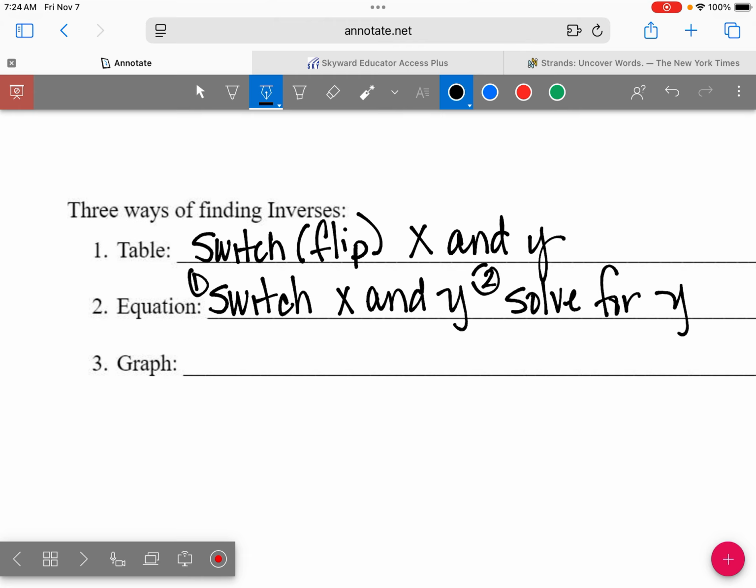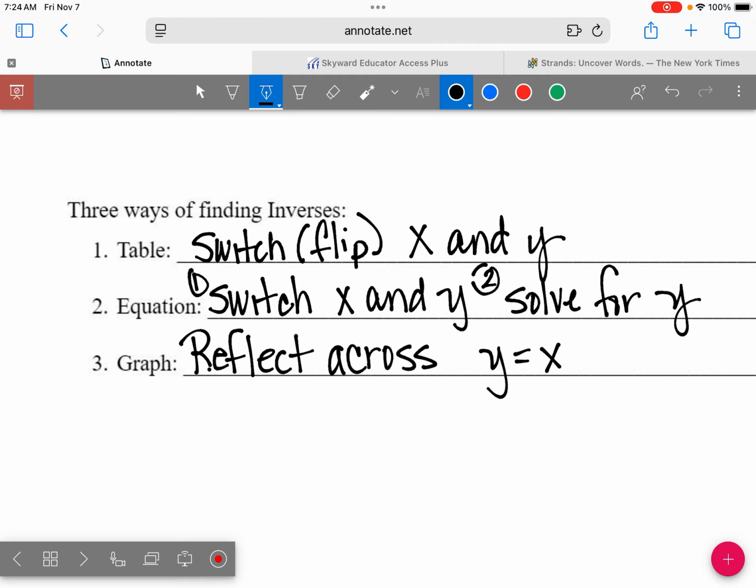And I think we'll do that on Monday. If it's a graph, we reflect it. And we reflect it across the equation y equals x. So those are the 3 methods.